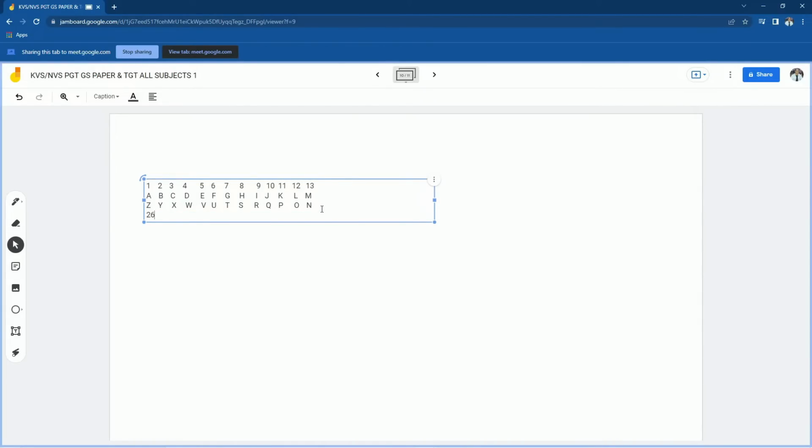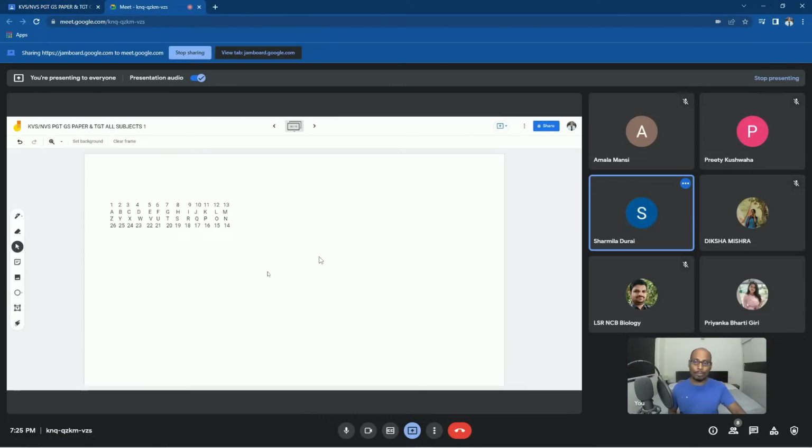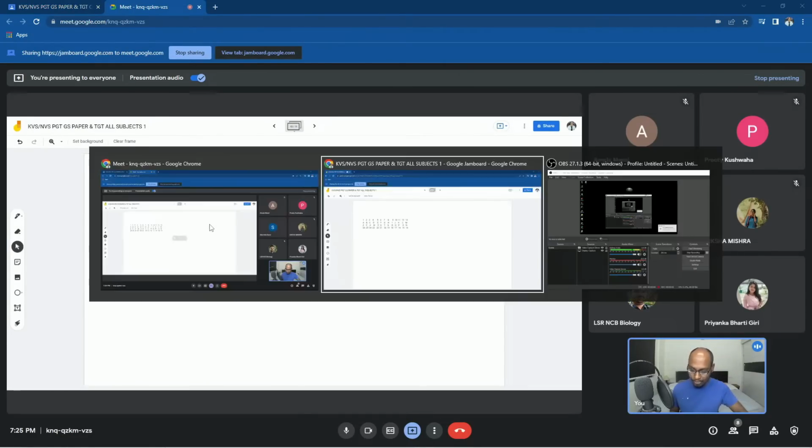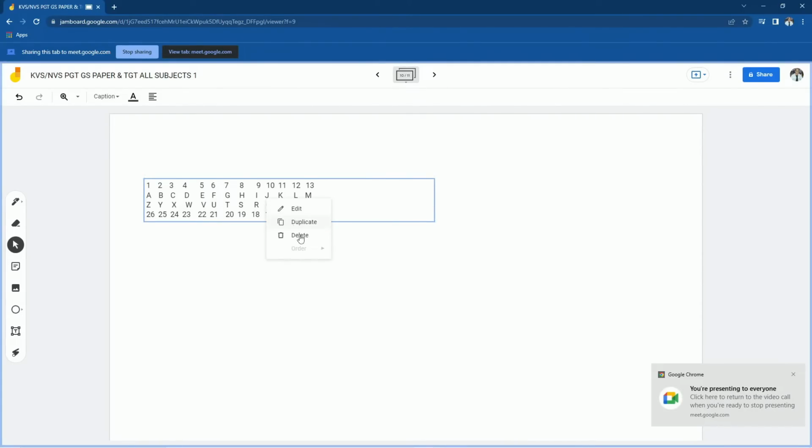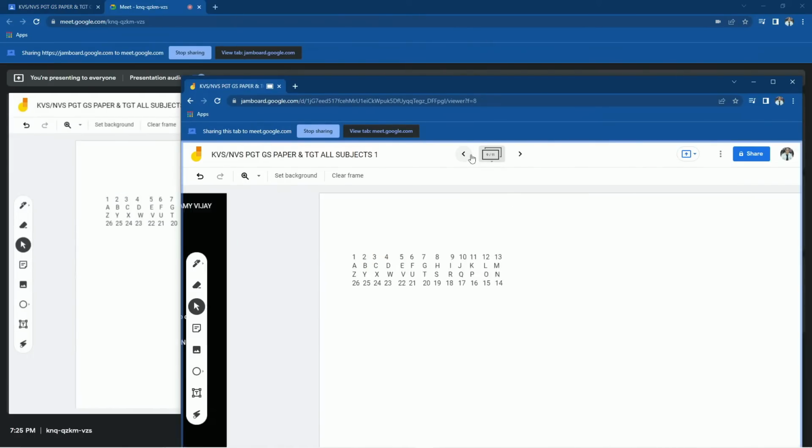Then 26, 25, 24, 23, 22, 21, 20, 19, 18, 17, 16, 15, 14. Now use this method also. Whichever method you want to use, you can use it. Let us come back to the screen.